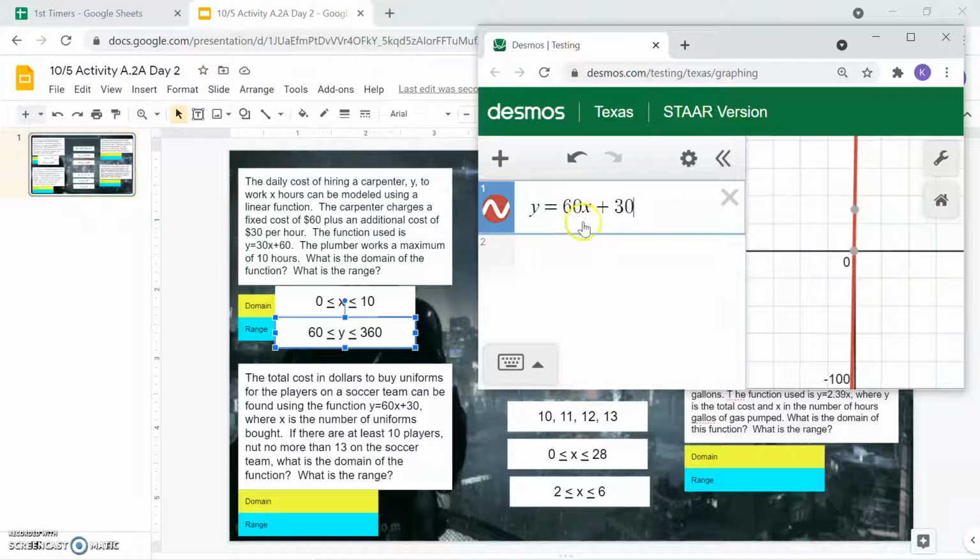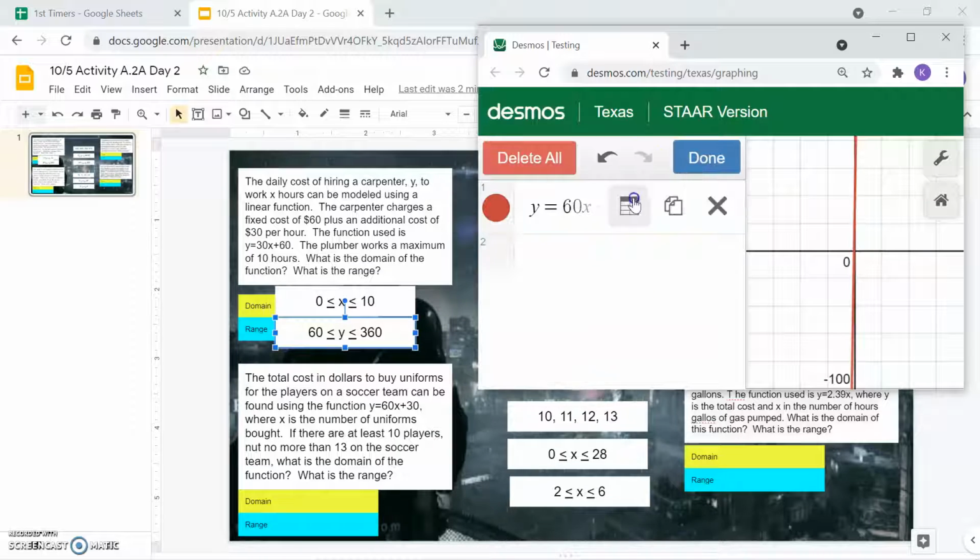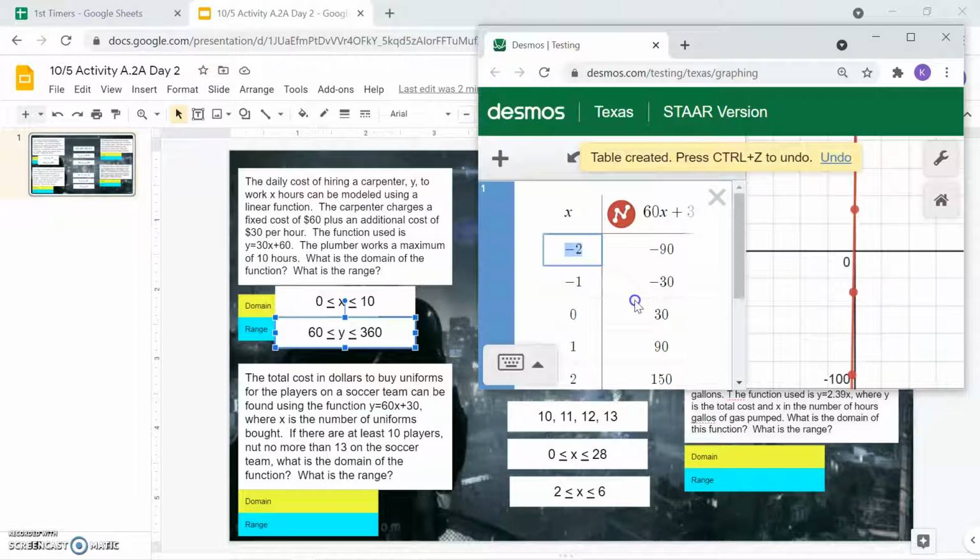So it says here, just look up here, X is the number of uniforms. So each uniform costs $60 plus 30, and that 30 could be anything from shipping cost or anything. So again, I'm going to convert this into a table.